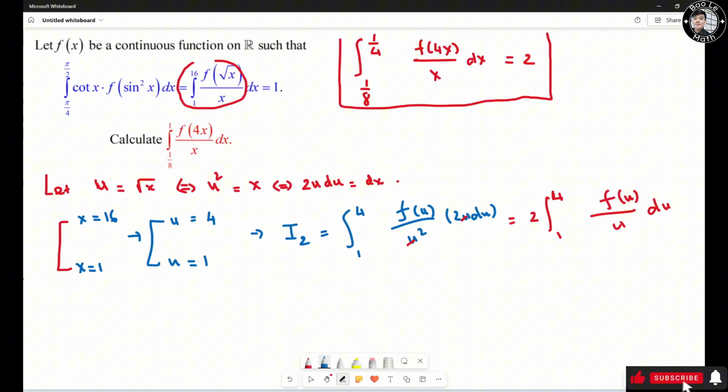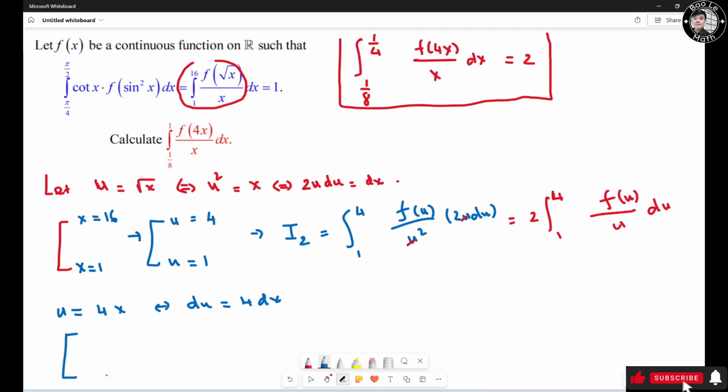Again, I need to use u substitution one more time. Let u equal 4s. Taking the derivative of both sides, du equals 4 ds. I need to change the limits.